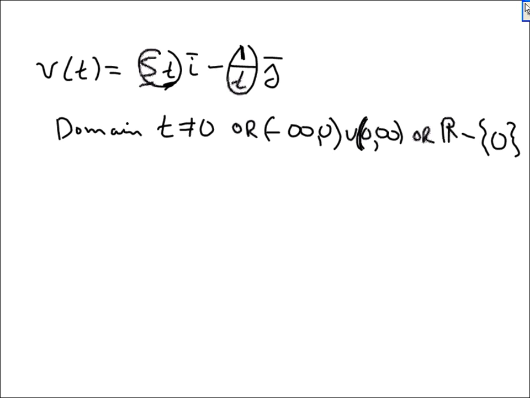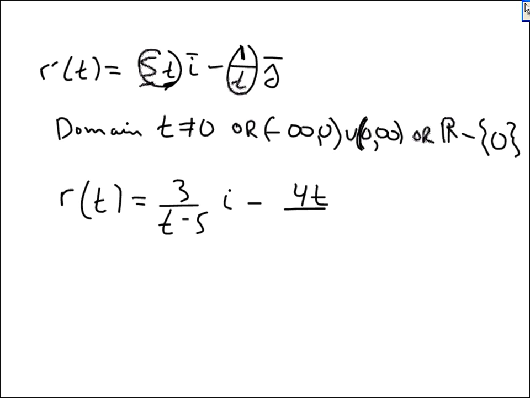Suppose we're asked to find the domain of r of t. Really should be r of t, not v. R for vector. R of t is equal to 3 over t minus 5 in the i direction minus 4t divided by t plus 3 in the j direction. The domain will be, well, you can't divide by 0, and you can't take the square root of negative numbers.